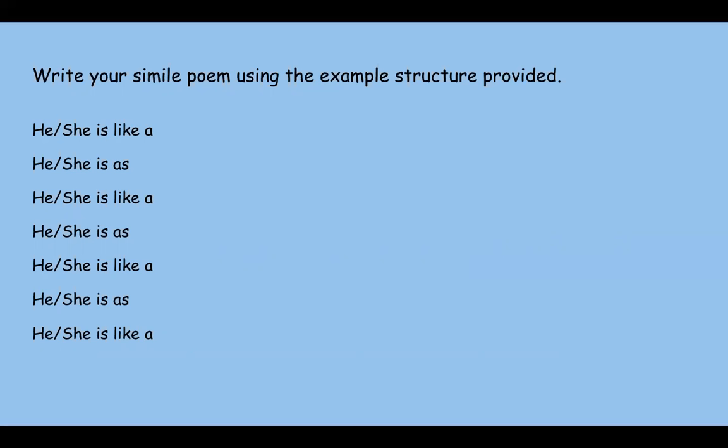And then hopefully in weeks down the line, when you have a bit more free choice to go for it and write about whatever you want, it will be up to you to choose which poetic devices you use. So you might decide that you find it really easy using similes, or perhaps later on you might decide to use something different, perhaps personification or metaphors.